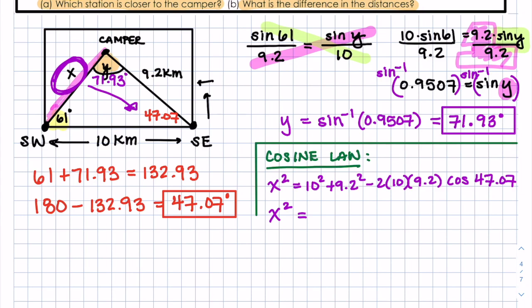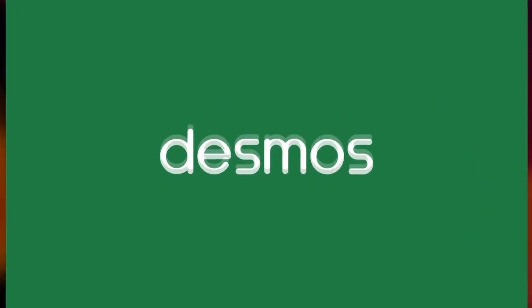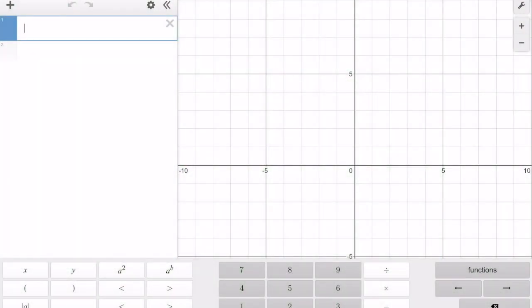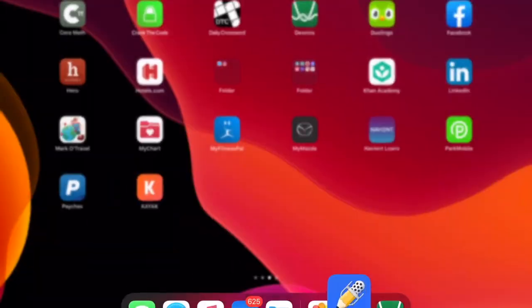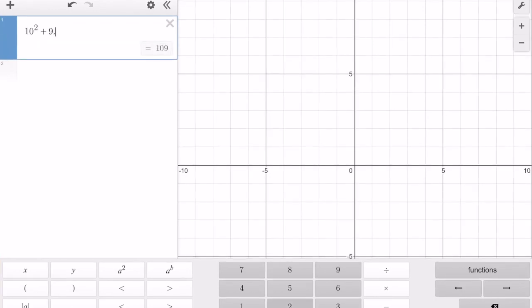And if I put all of that in the calculator, let me go to a Desmos window real quick. Let me see. Dang it, I don't have Desmos up. Where's Desmos? Right here. So I'm going to do 10 squared plus 9.2 squared minus 2 times 10 times 9.2 cosine of 47.07.